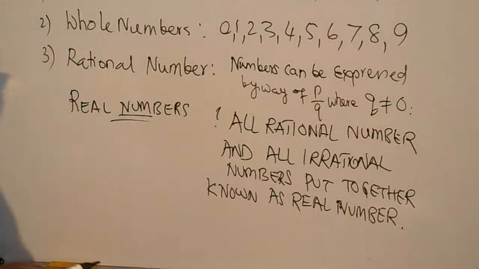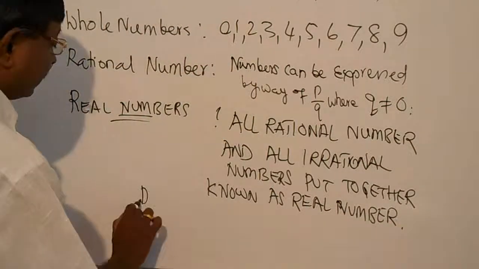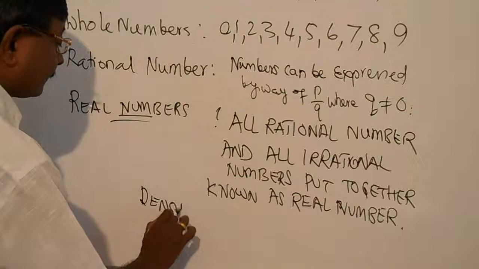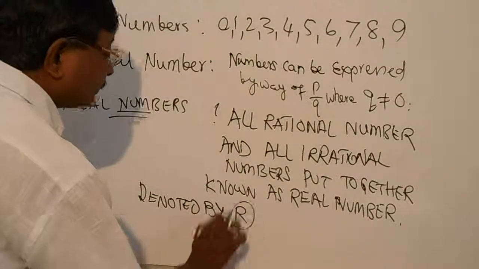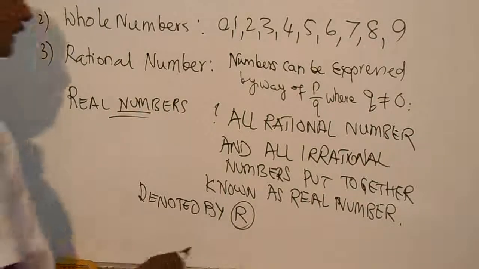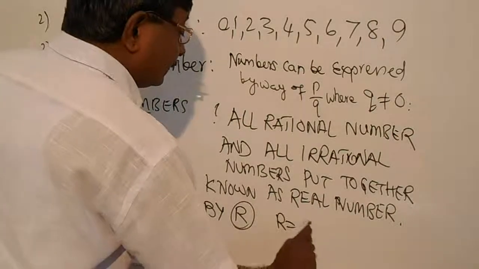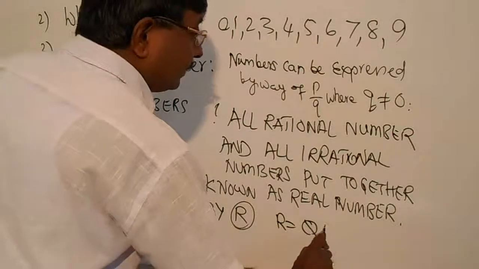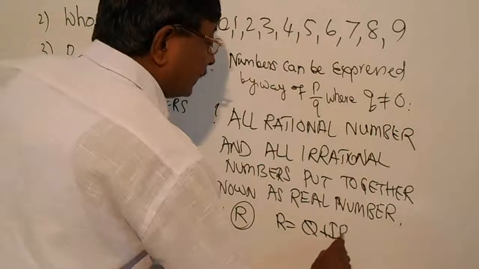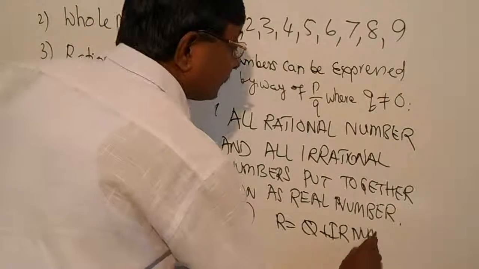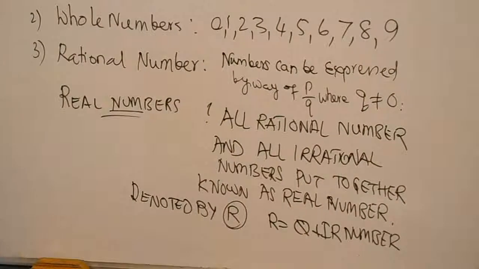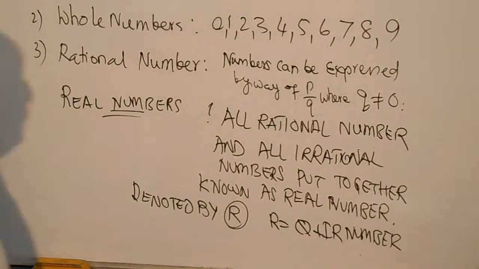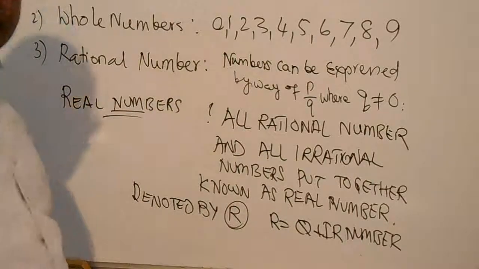Okay, it can be denoted by R. So you can simplify: R is equal to Q plus all irrational numbers. Q is rational numbers and IR is irrational numbers. Okay.